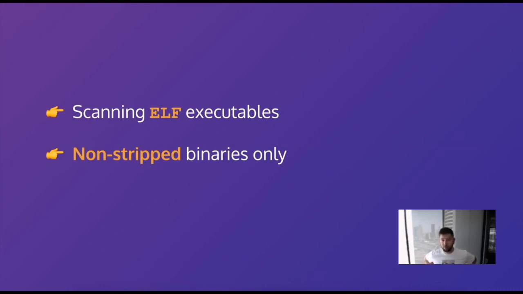As I mentioned before, non-stripped binaries only. What does this mean? It means that the string tab ELF section is stripped, which contains all the relevant package info that we were looking for. So when compiling the Go code into a binary, if you add -s -w linker flags, Go will strip all this debugging data out of the binary.